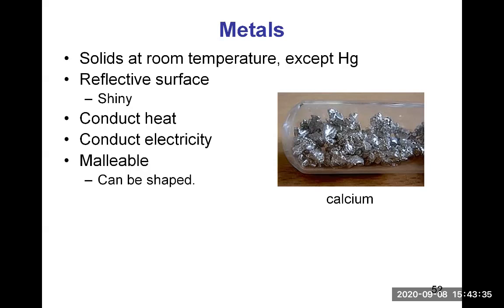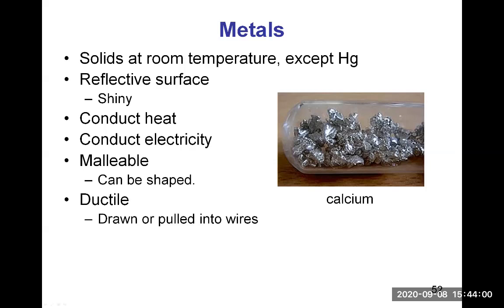Metals are malleable, which means they can be shaped, right? For example, pots and pans have been shaped into those cylindrical shapes. You can shape them into sheets or posts, all kinds of shapes.